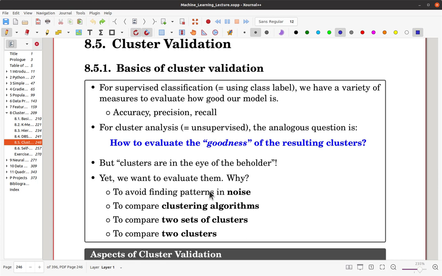So we have to distinguish them and discard. And also we want to compare clustering algorithms. If you make more than one set of clusters, then we want to compare the sets of clusters. And also we can compare two clusters.